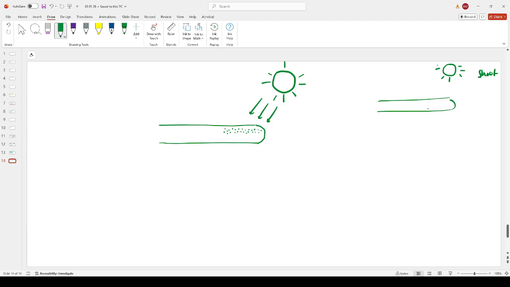The auxins always go on the opposite side. That's what we know about shoots. So what happens if the auxins go on the opposite side? It causes growth right here, and this will go up.